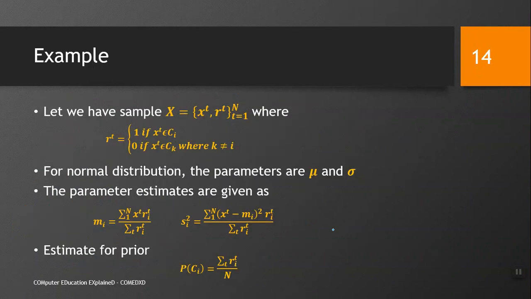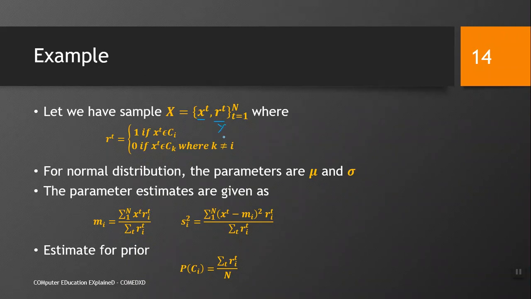Let we have a sample which is given as X equal to {x^t, r^t}. You can say that x^t is the instance, single featured or multi featured. Just like previously we have seen the sepal length, that could be either only sepal length or sepal length plus sepal width plus petal length, petal width, and r is the class, it is the y.